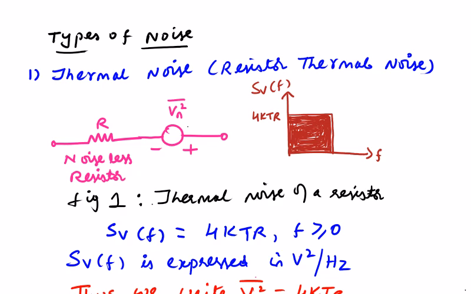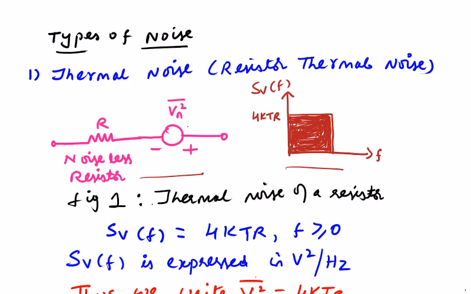As shown in the figure, the thermal noise of a resistor R can be modeled by a series voltage source with the one-sided spectral density S_V(f) = 4kTR, where f is greater than or equal to 0.